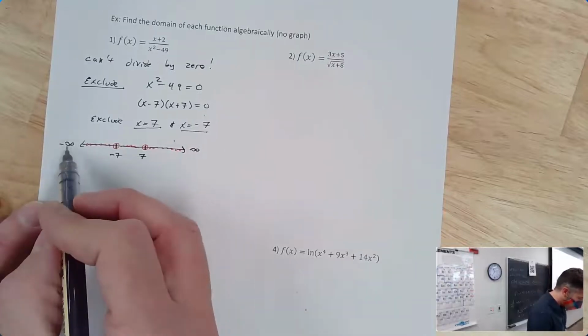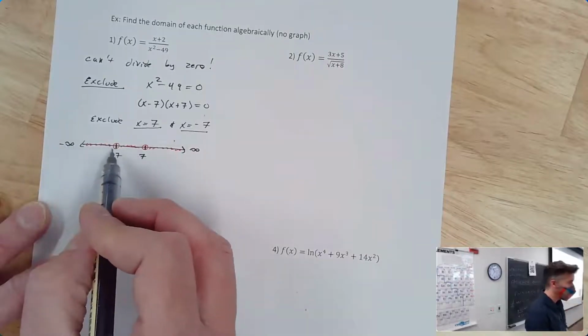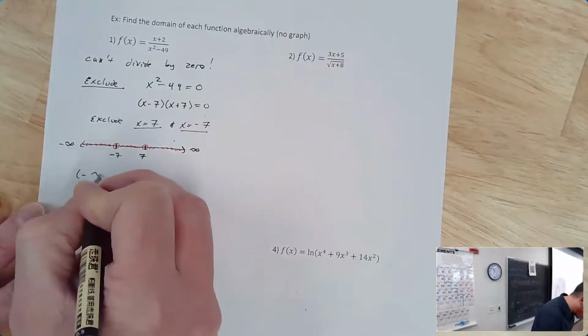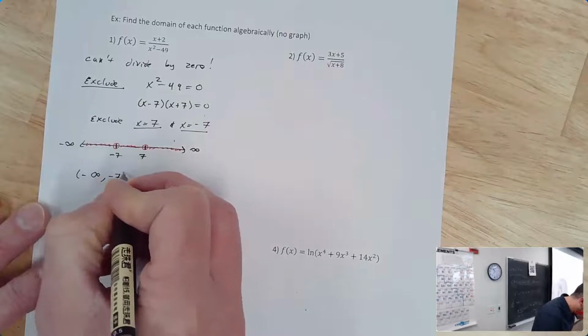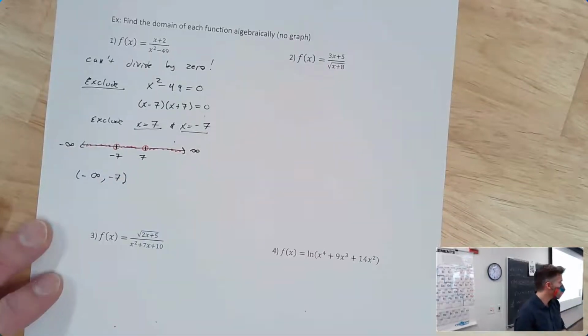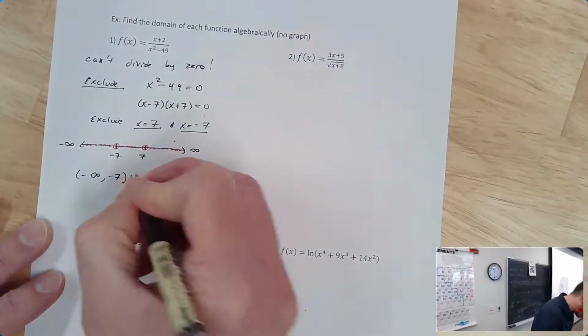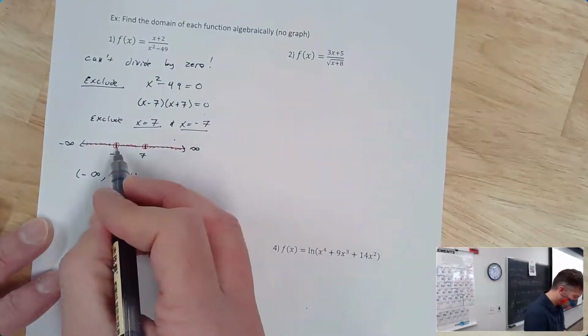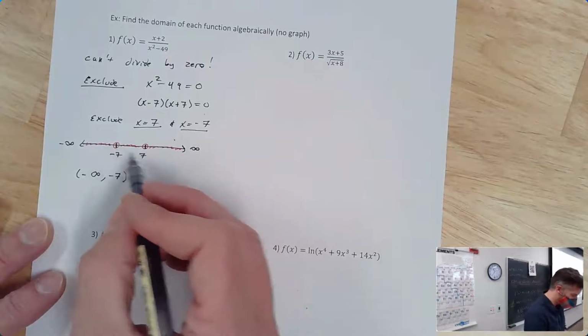From left to right, I'm going to have everything from -infinity up to -7, but excluding -7. So I want everything from -infinity to -7 with a parentheses. Union, everything from -7 to 7. I want everything in between those two.